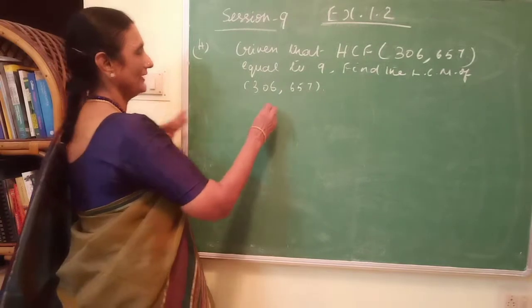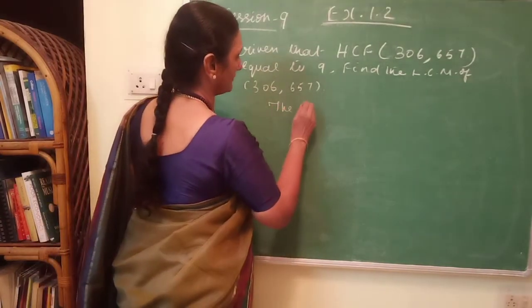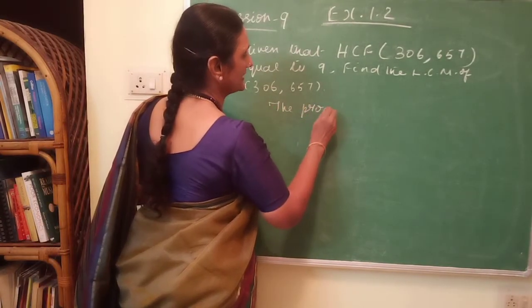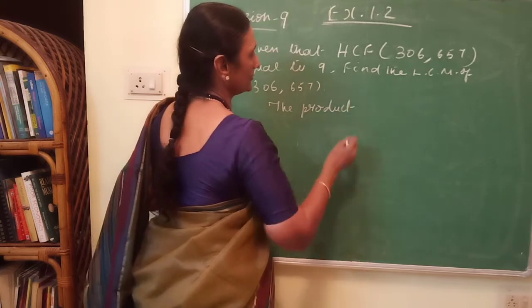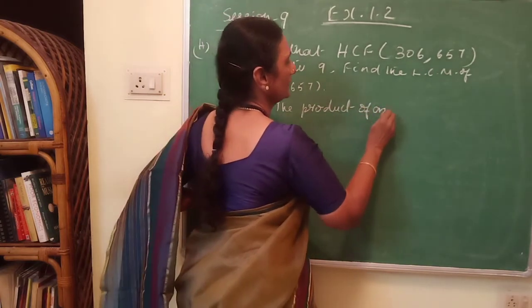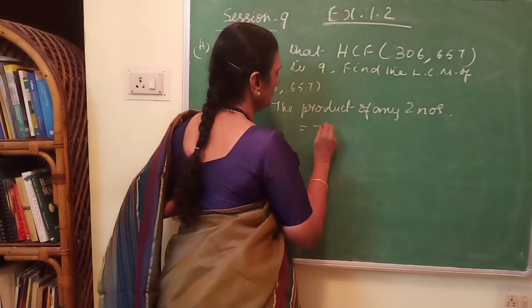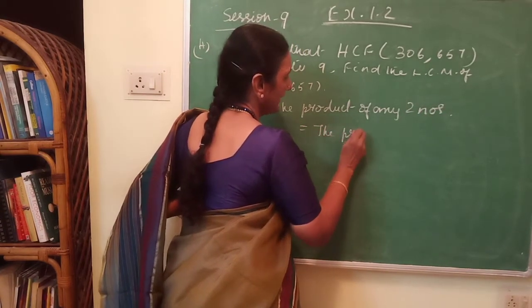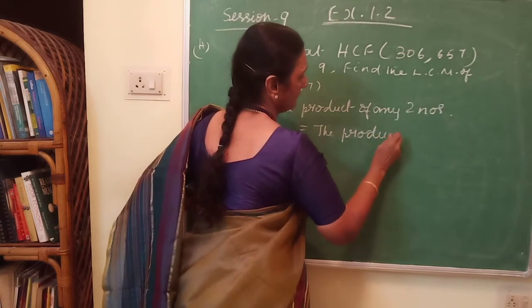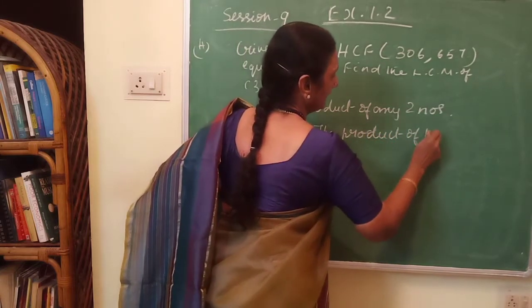That is what? The product of any two numbers, it's only for two numbers, not for more than two. The product of any two numbers is equal to the product of their LCM and HCF.